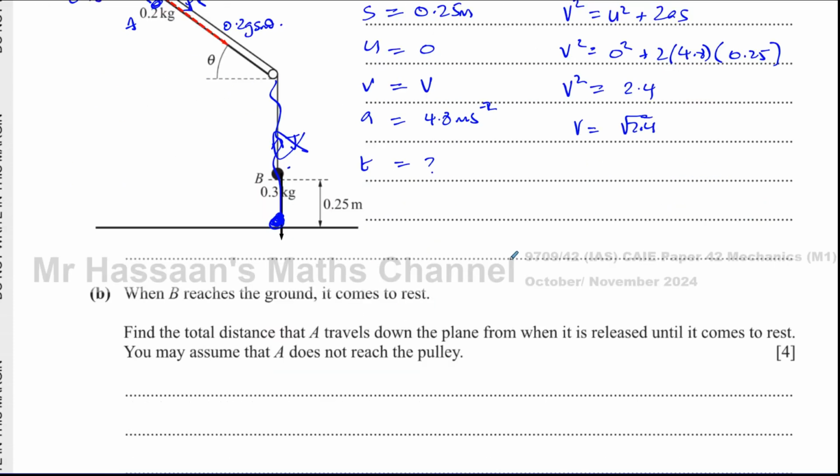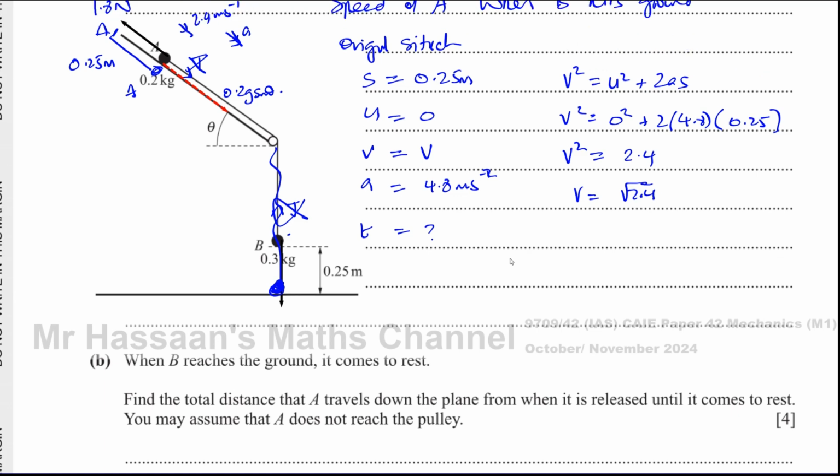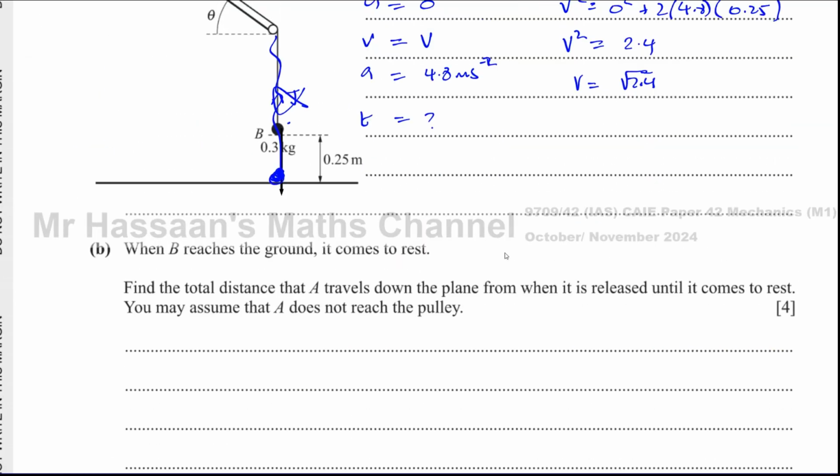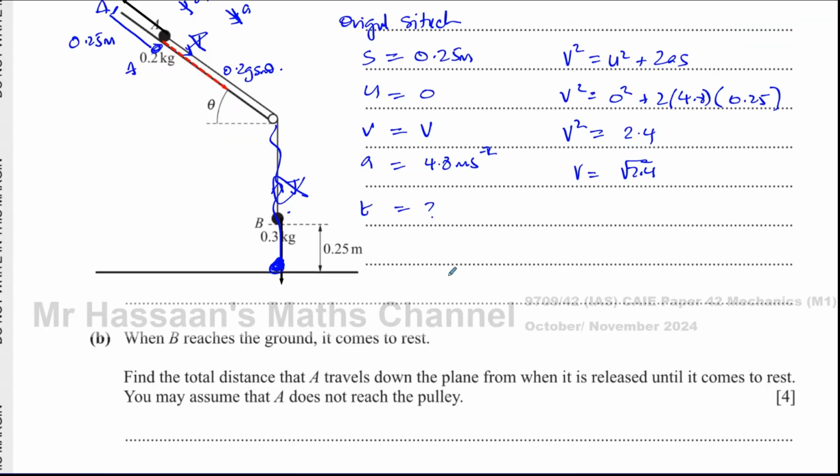Now, we're going to consider the change of situation. I drew the diagram up here. We're supposed to answer under here, but I'm just doing it up there, no problem.